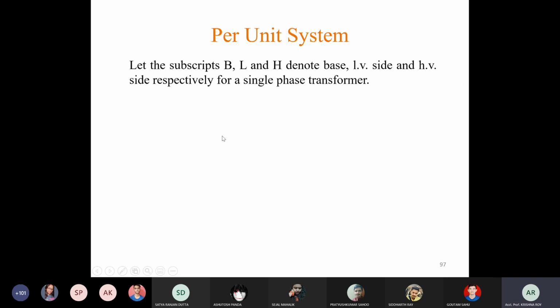Let the subscripts capital B, capital L and capital H denote base, low voltage side and high voltage side respectively for a single phase transformer. So if we write ZL, it means the low voltage side impedance. If we write ZH, that means it is the high voltage side impedance. Similarly, if we write ZB, then it means base impedance. Okay, so B for base, L for low voltage side, H for high voltage side.